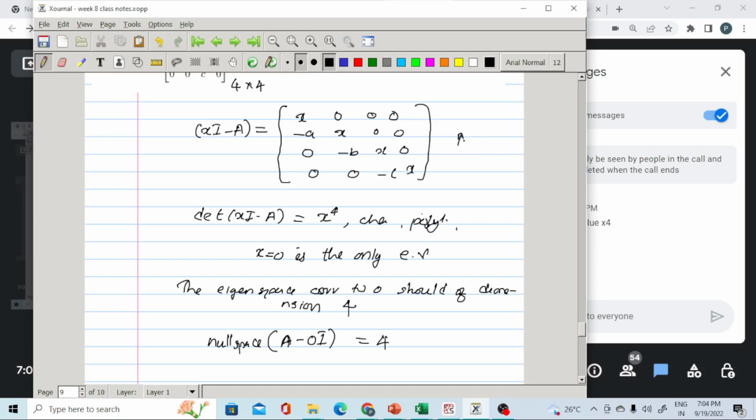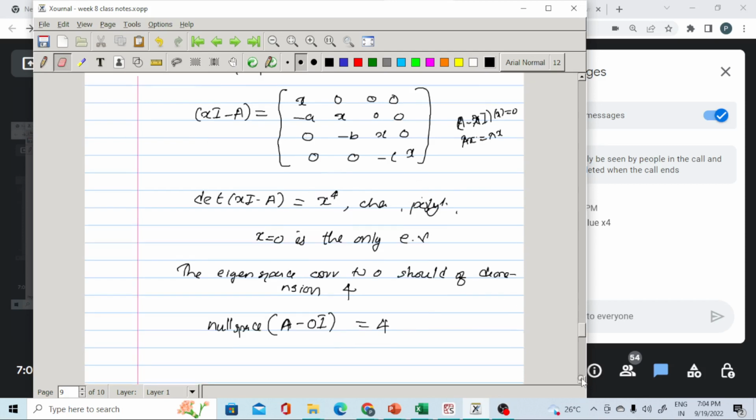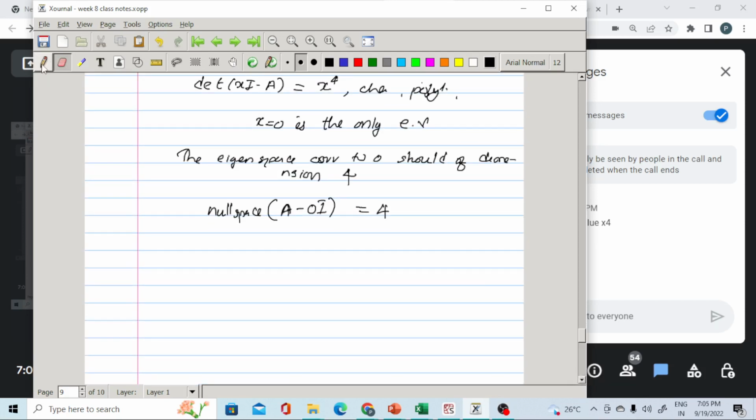Our aim is to find, for some characteristic value, A minus lambda I, that is Ax equals lambda x, or (A minus lambda I) x equals 0. That means x belongs to the null space of A minus lambda I. Here Ax equals 0x, because 0 is the eigenvalue.